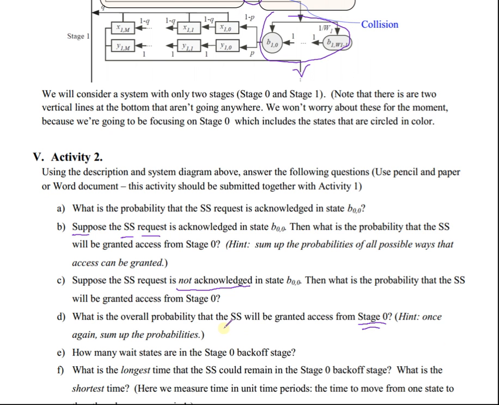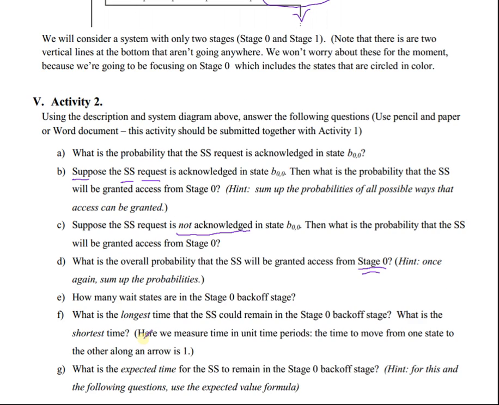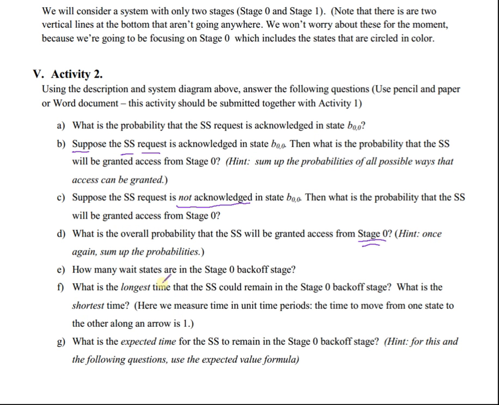All right. Now, part E is just asking for some observations from the diagram. So here it says, what is the longest time that the user can remain in stage 0 backoff? And what's the shortest time? And then here I'm asking for the expected time. Here, again, the time of waiting is going to be an integer.